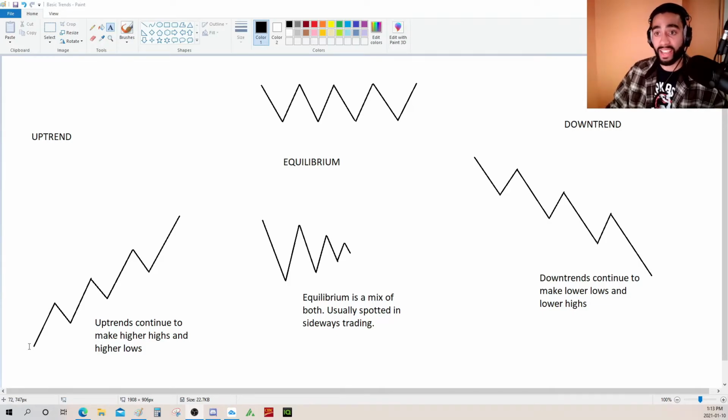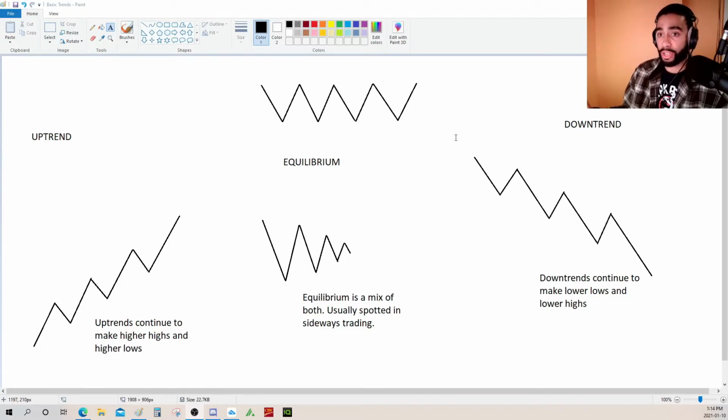That's all I mean when I say higher low. And then when I say higher high, that means the current high point is higher than the previous high that it made. So as you can see, if a stock continues to make higher highs and higher lows, it will be an uptrend, right? So next we'll go into the downtrend.